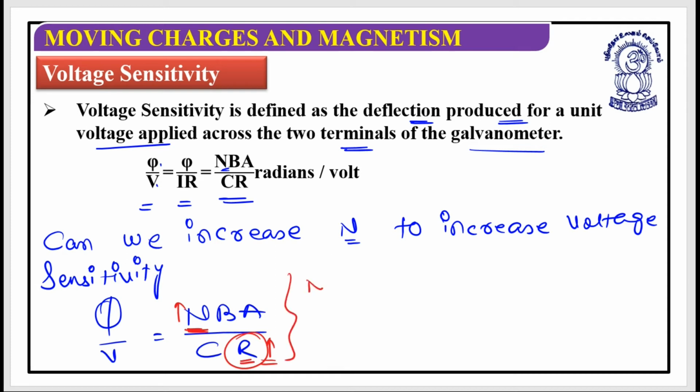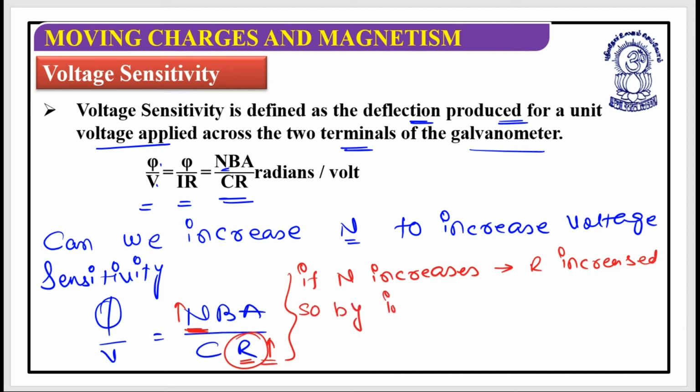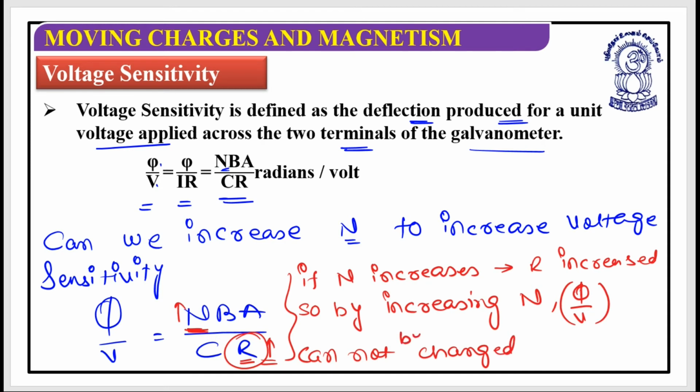So if n increases, R increases. So by increasing n, phi by V cannot be changed. Please keep this in mind. I hope this is clear. Is it clear?